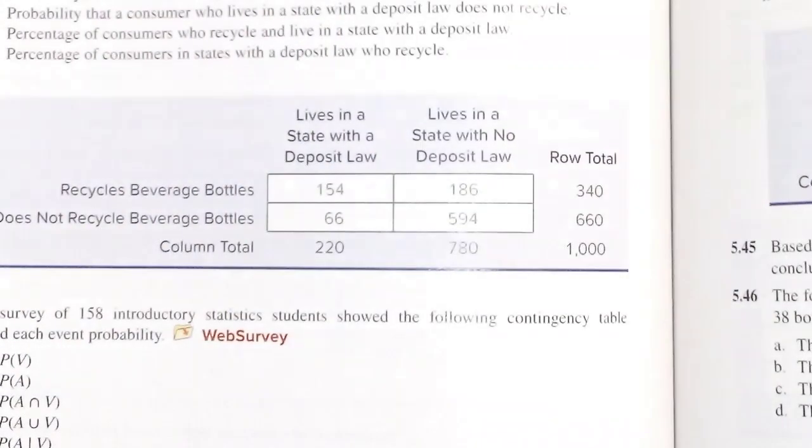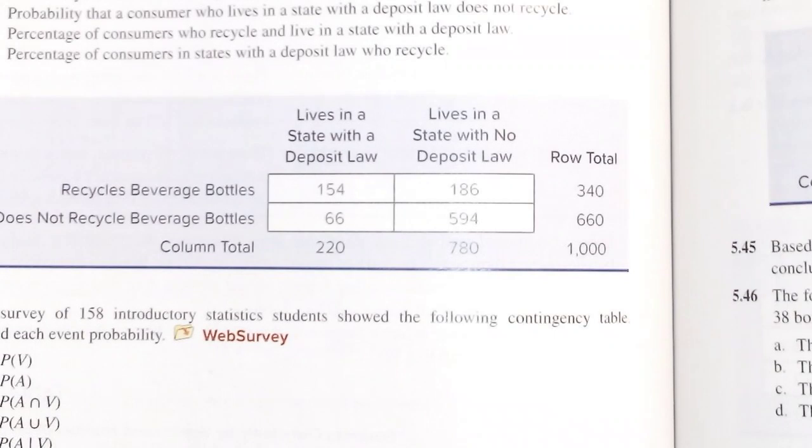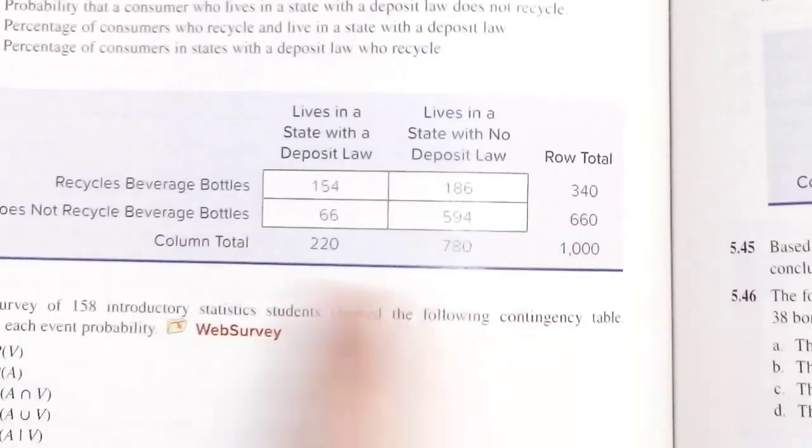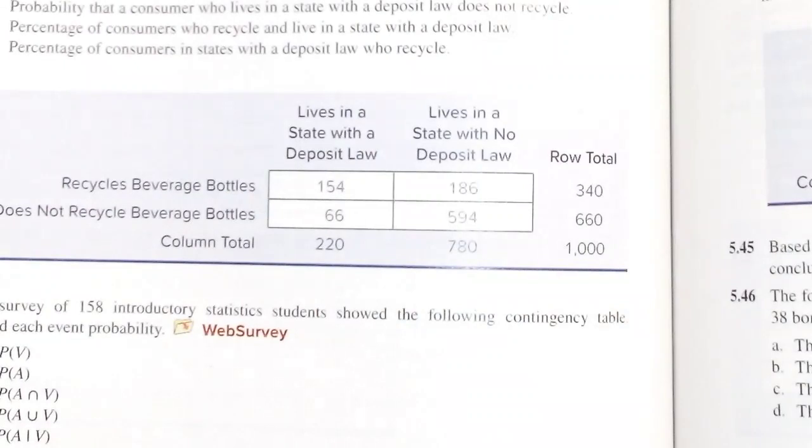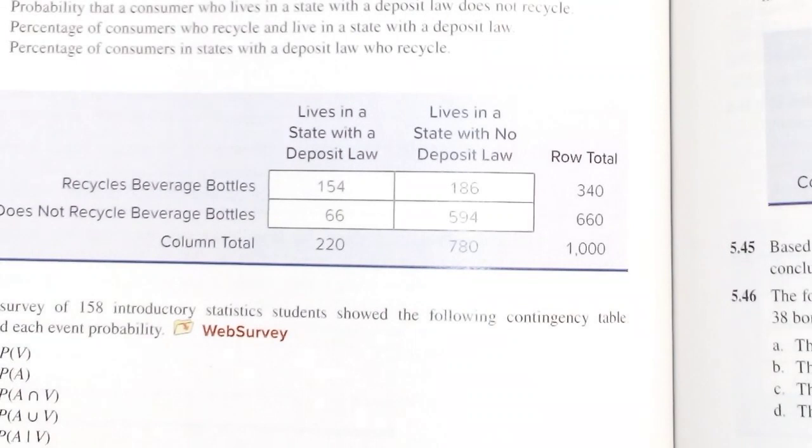But I said, what's the chance you recycle and live in a state with a bottling law? So now I'm looking at everybody, all 1,000 people. You live in a state with a deposit law, and at the same time, do you recycle? So I'm looking at the whole total, but I'm looking at the overlap of those two. I'm still looking at the 154 people, but it's out of the total population rather than out of just the subpopulation that lives in a state with a deposit law. Better?